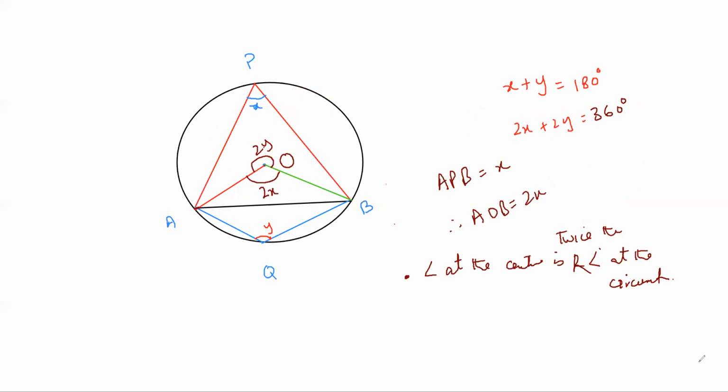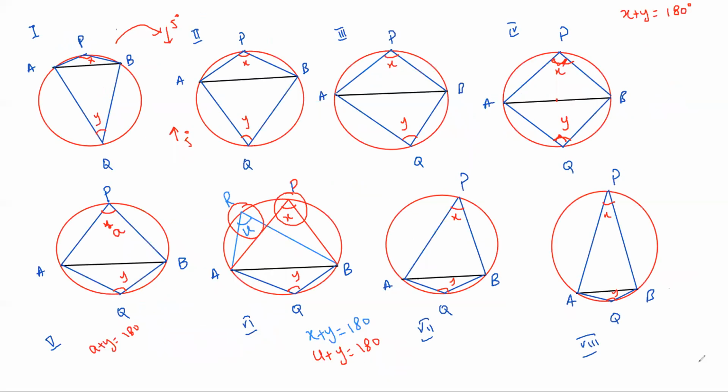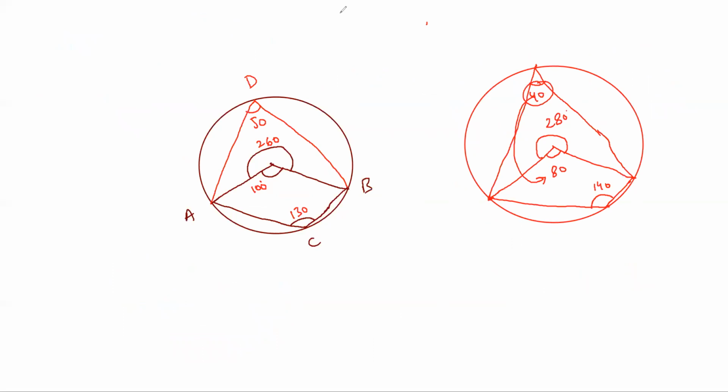If you just give me one more minute, I can include the cyclic quadrilateral into it as well. Look at this. Can I say this A D B C, like A D B C? Isn't it a quadrilateral?